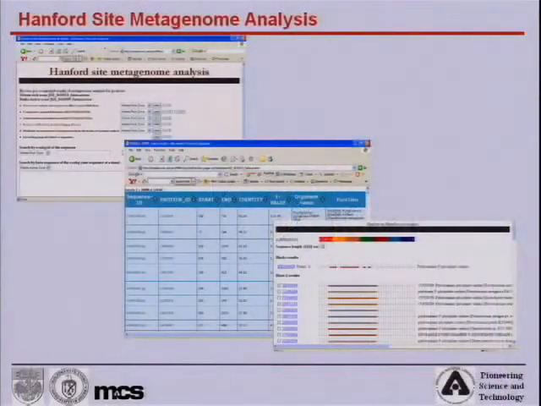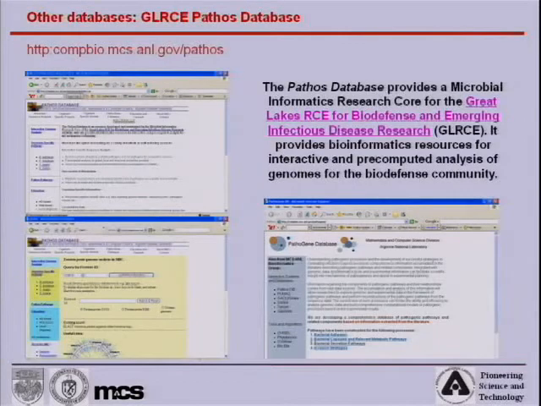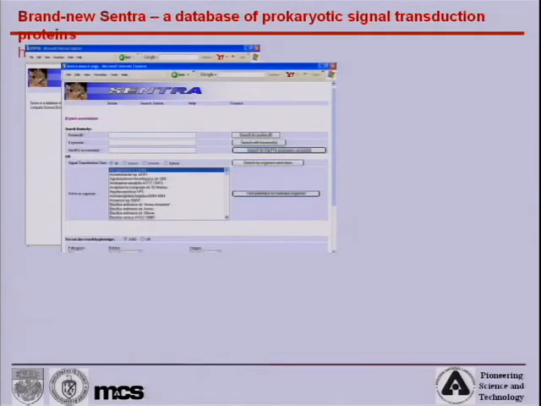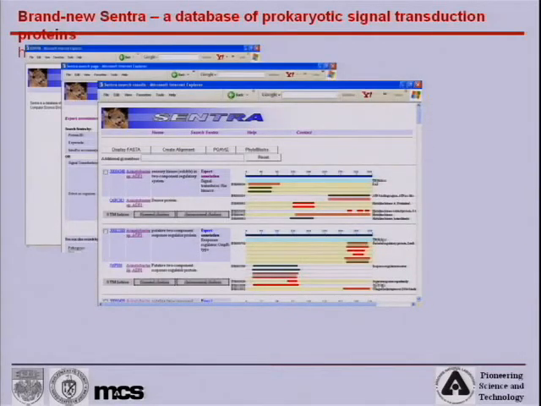So, Hanford site metagenome analysis, we talked about this one. We have actually identified over 28 species that live in these cozy conditions. So we have the PATHAS database of pathogenic factors. We have a brand new Centro database of signal transduction proteins, and this is how it looks.